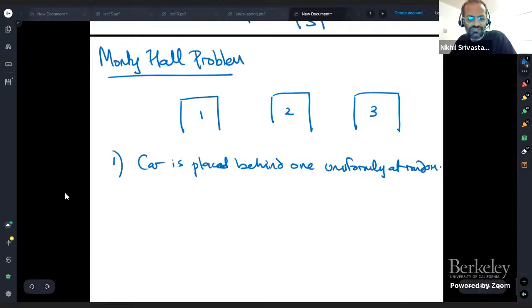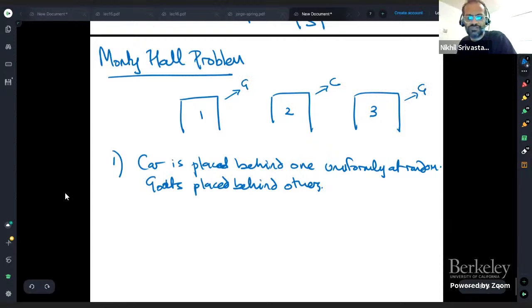You don't get to see this. And behind the other 2 doors, there's a goat. So hidden behind these doors, let's say maybe a car ended up here, and the other ones, there are goats. But you don't get to see this.